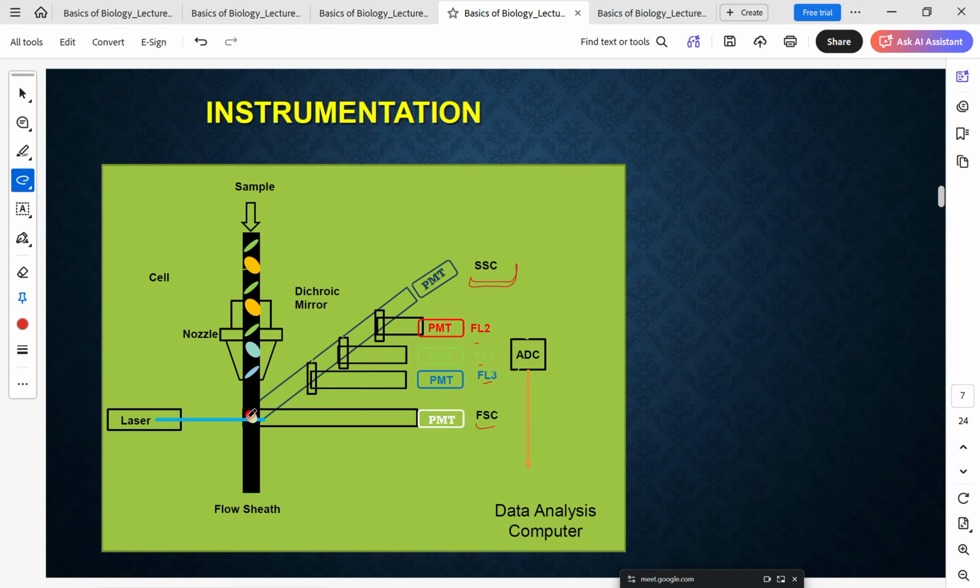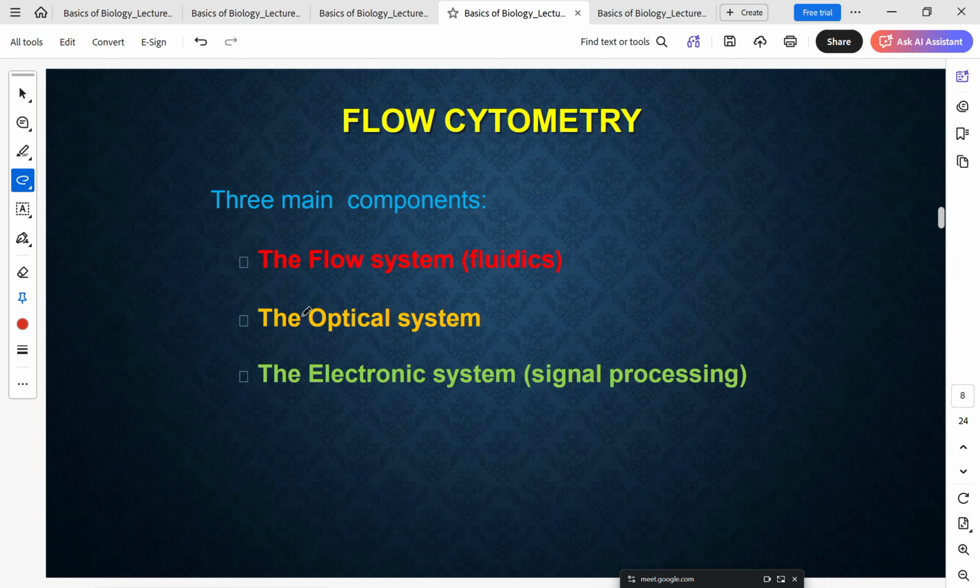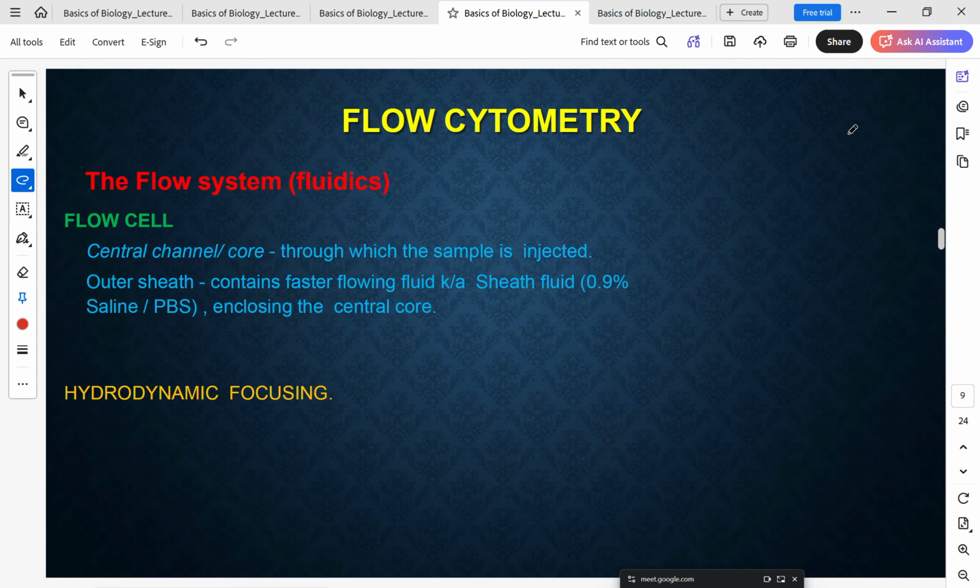If the cell is positive, it will be collected. If the cell is negative, you can either collect it or discard it. There is an ADC module to analyze all of this data, and then you can do further analysis on the computer. So there is a flow system for fluidics, an optical system that allows you to visualize the cells, and an electronic system, which is the computer system the flow system is attached to.